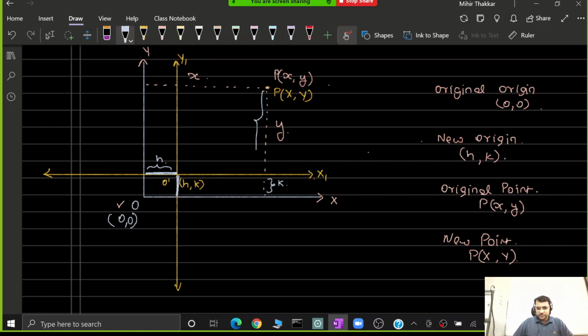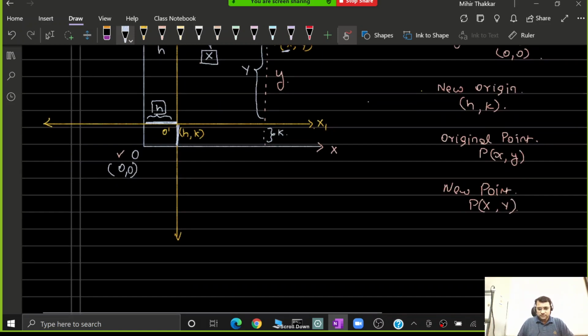One more very important point that I have to remember here. This vertical distance with respect to the new origin has to be the new value of the coordinate, which is capital Y, and this horizontal value is the new value of x, capital X. So from here, I can understand that this small x includes the capital X and the value of h, because this distance can also be taken as h.